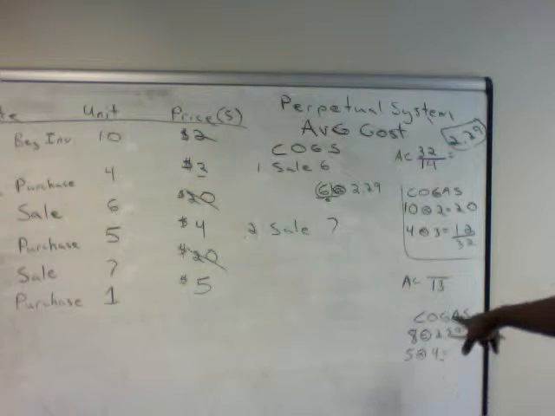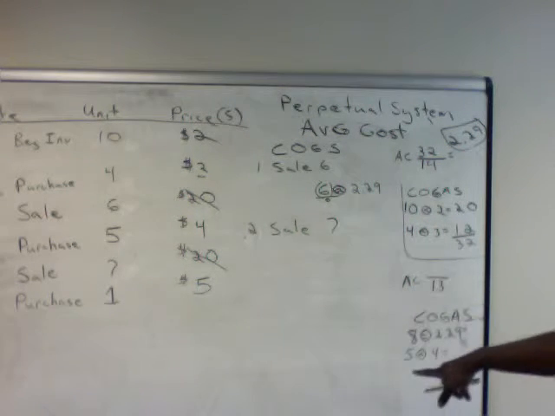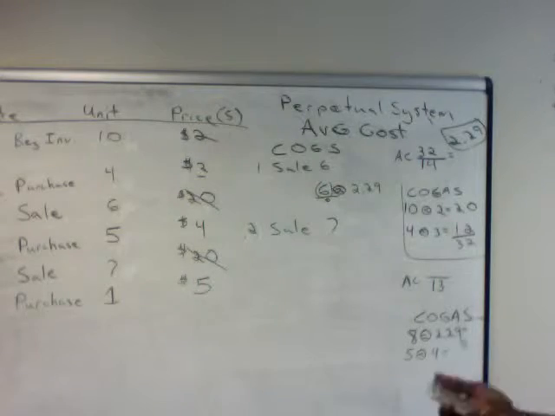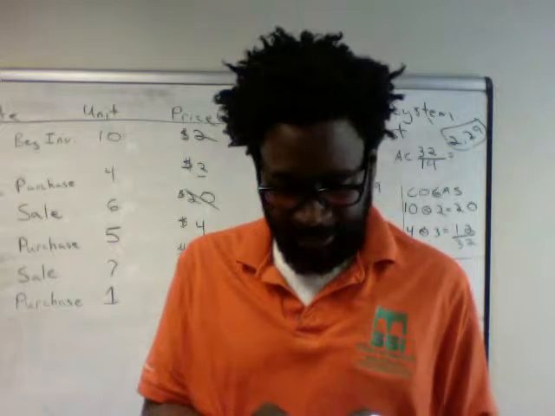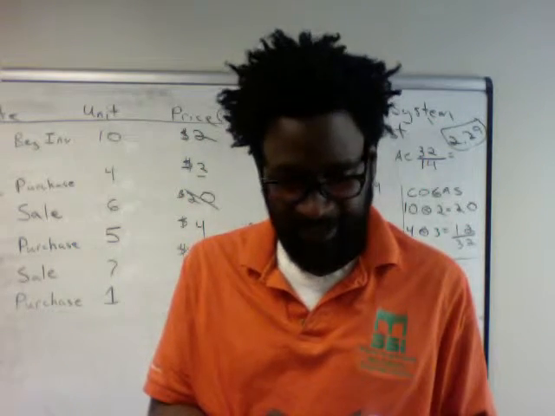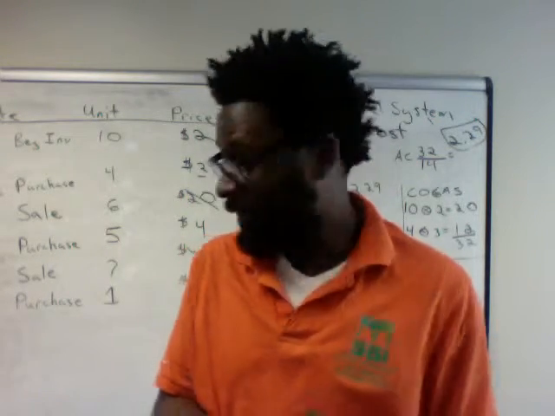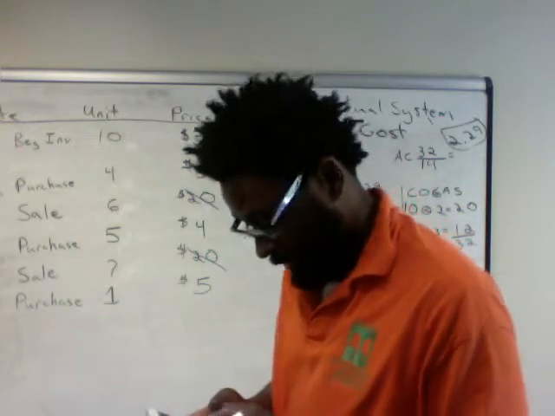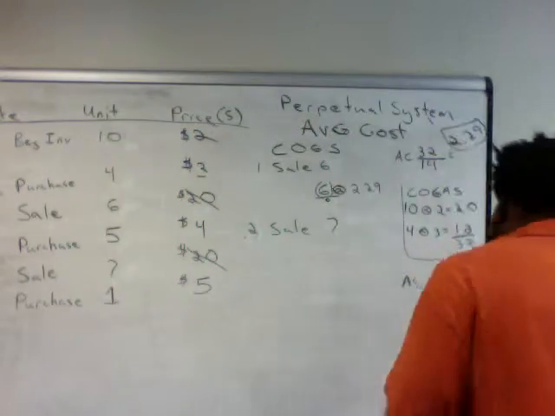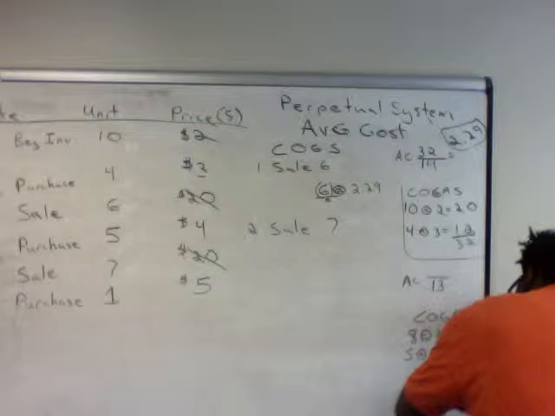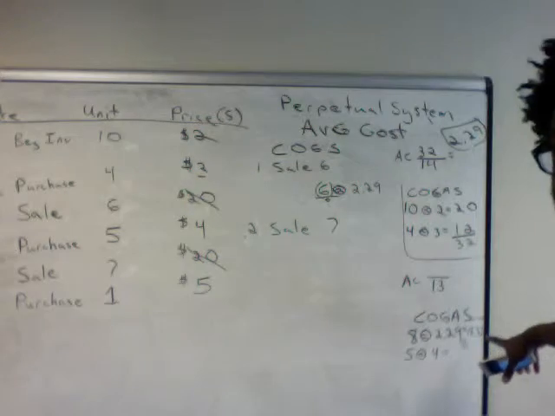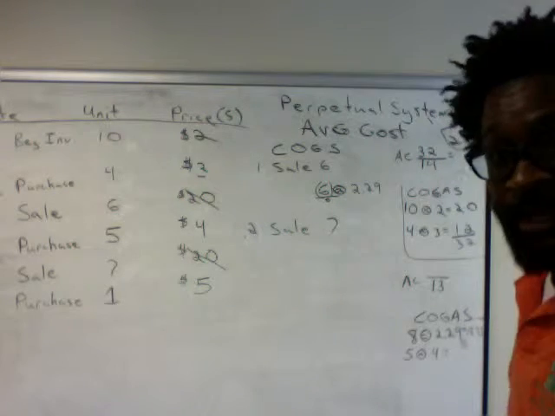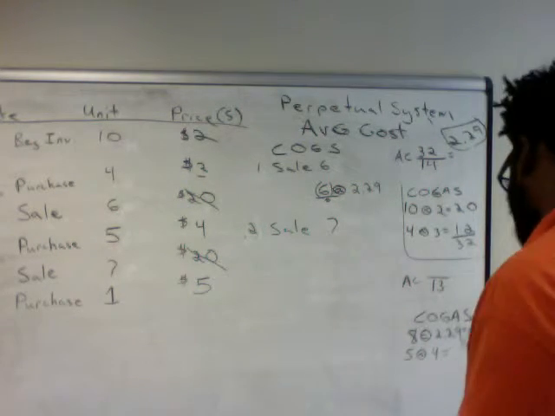So now we need to find out our numerator by multiplying that information out. So I'm going to take 8 times $2.29. That gives me $18.32. I know I'm in the corner here, but if you're paying attention, you should be fine. $18.32.